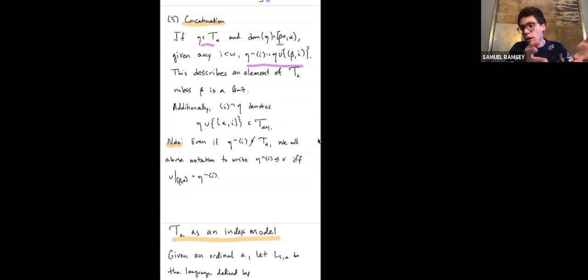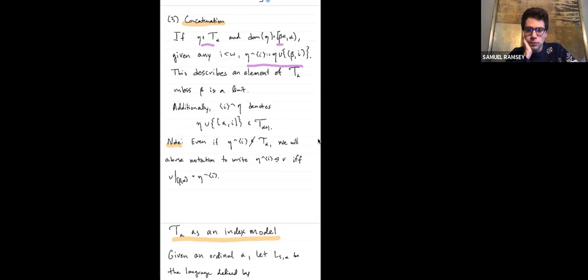I can ask, which are the elements in my tree that contain this function? And so by abusive notation, we will use the tree partial order to compare elements of T alpha with eta concatenated with I, even in the edge case that it is not an element of the tree. That's okay.